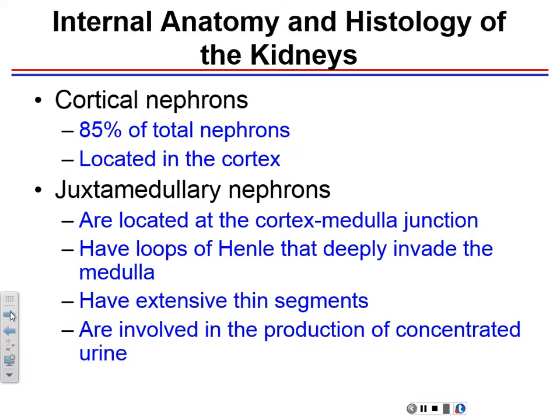The juxtamedullary nephrons produce concentrated urine, and they're only 15%. They have extensive thin segments, long, and are involved in production of concentrated urine.